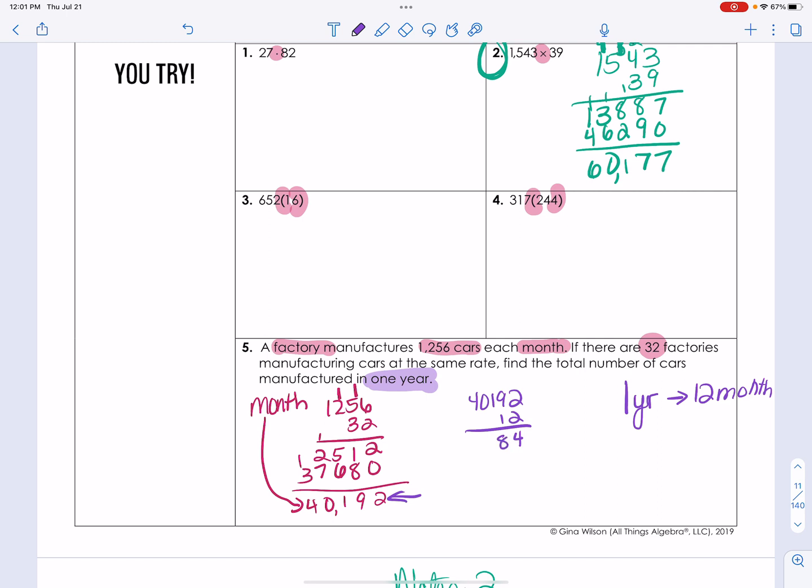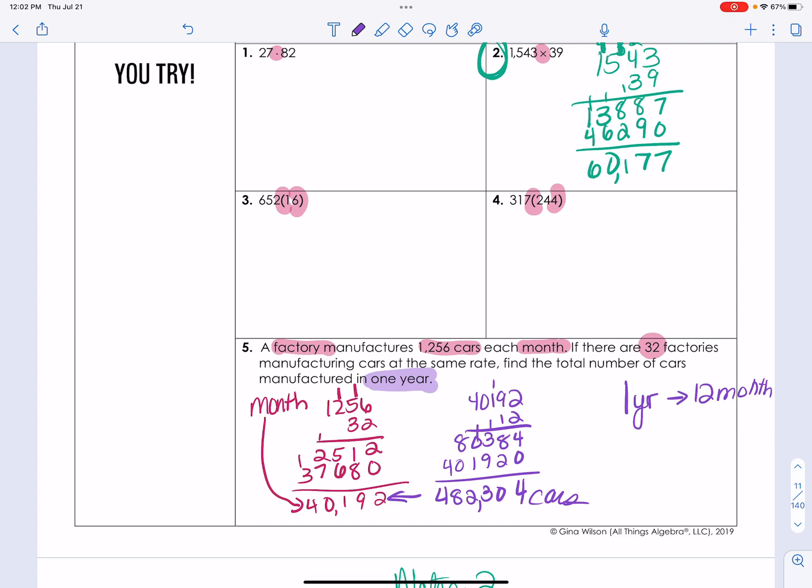So 4, 18, 3, 0, 8, bring a 0, and I get 2, 9, 1, 0, 4. So 4, 10, carry the 1, 13, carry the 1, 2, 8, 4. So my answer is 482,304 cars. That's how many cars they're making in 1 year.